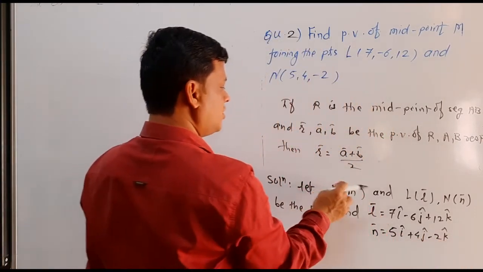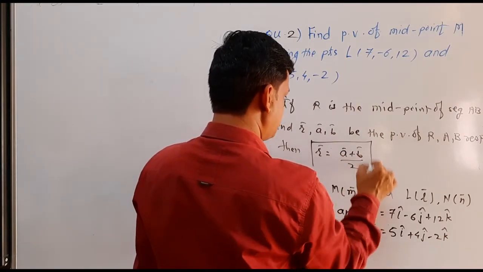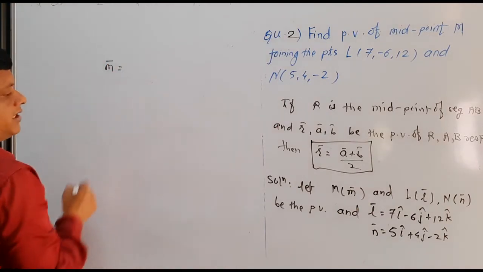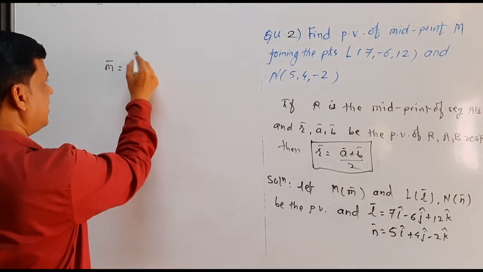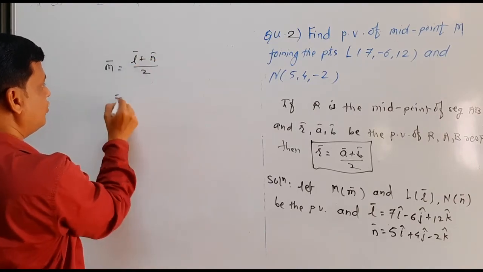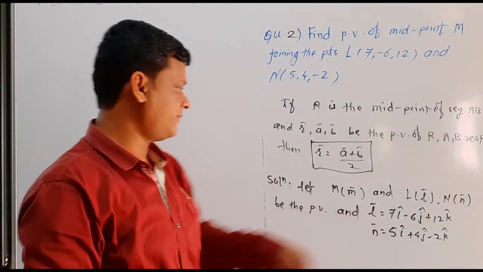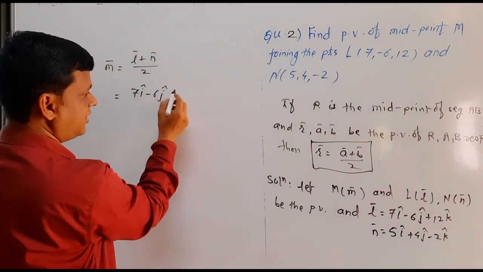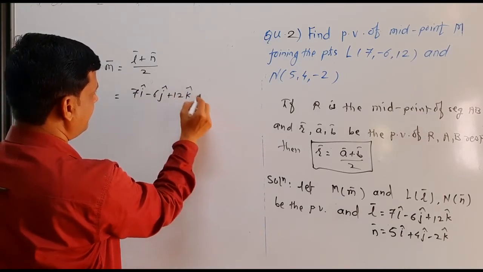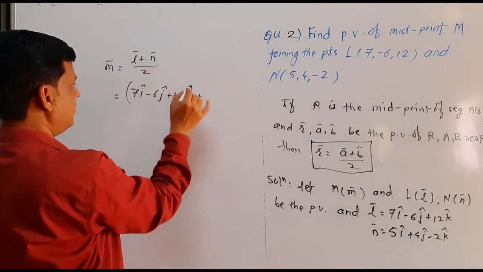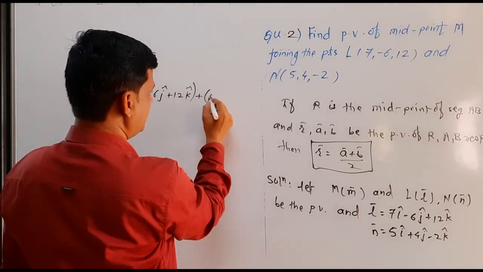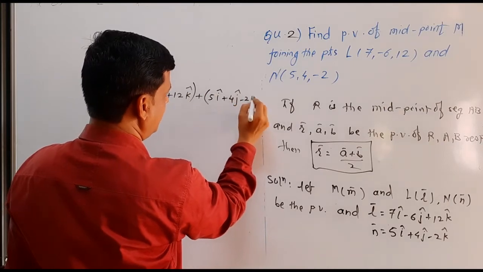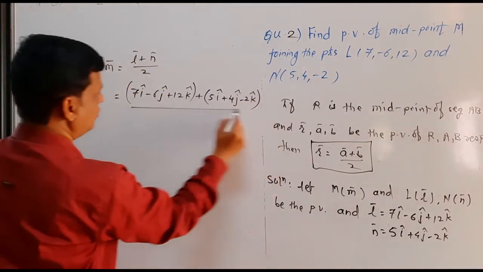Now we have to find the position vector of M. So using the midpoint formula, we can find the position vector of midpoint, that is M bar equals L bar plus N bar upon 2. So substitute the value of L bar as 7i minus 6j plus 12k plus the value of N bar, which is 5i plus 4j minus 2k, upon 2.